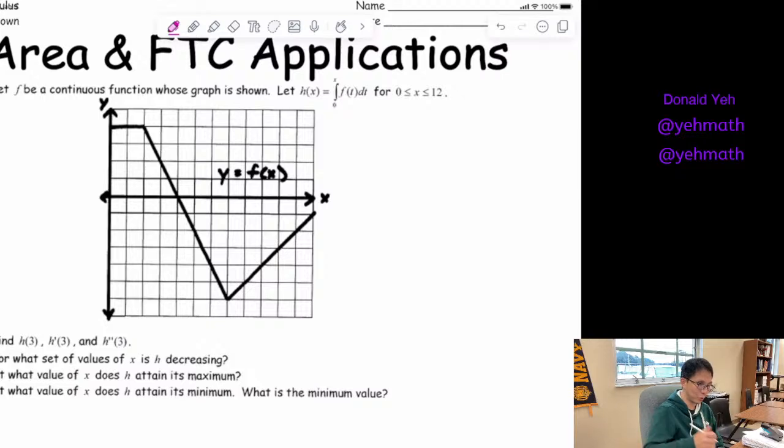Guys, write it down. So write down h of x is equal to the integral from 0 to x of f of t dt. And this is the f of x. It doesn't matter what kind of variable you plug in. It's just a function. If you want to find h of 3, that means I replace x with 3.